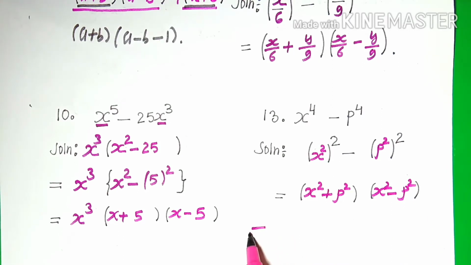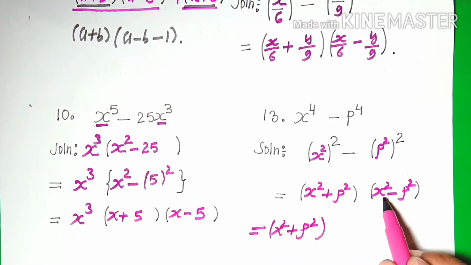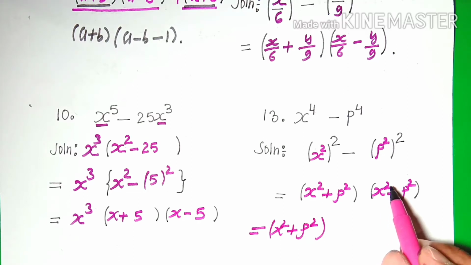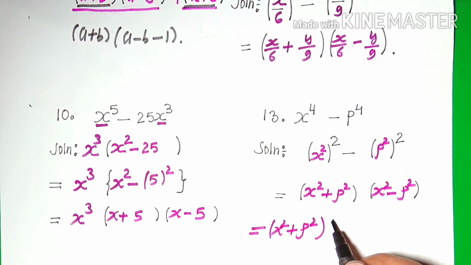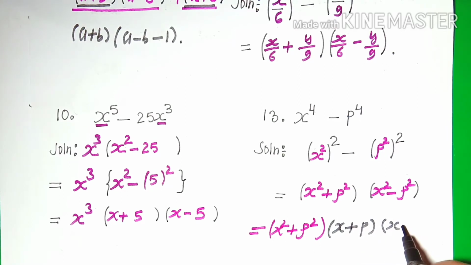Now again for this one you'll have to take one more step, x square plus p square. After that, again it's already a difference of two squares, that is a square minus b square. This can also be written in the form a plus b into a minus b.